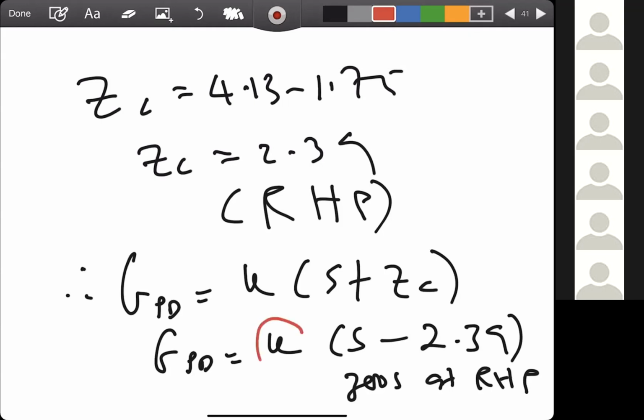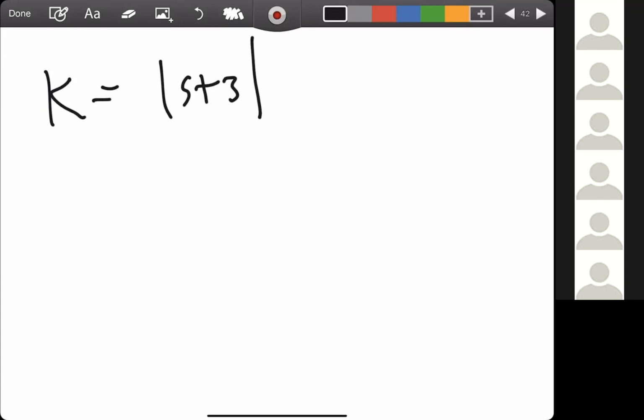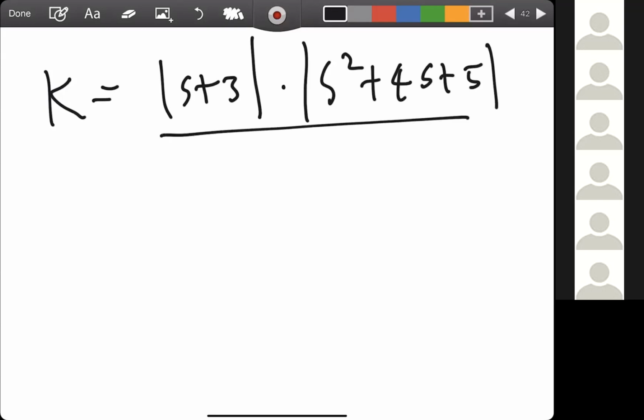Ismail, how to calculate K? We insert the point in the transfer function, in the magnitude criteria. Magnitude criteria.